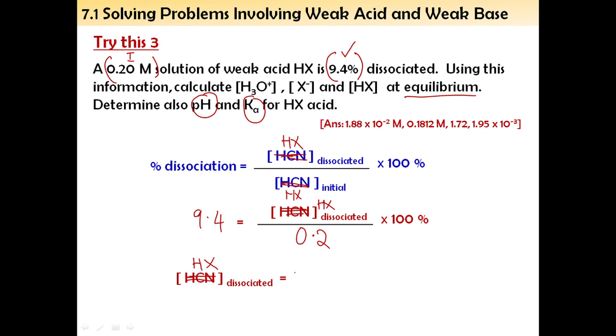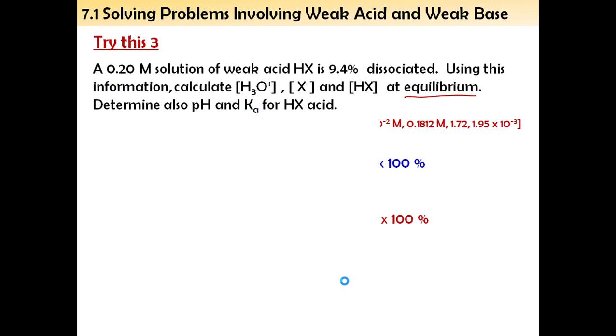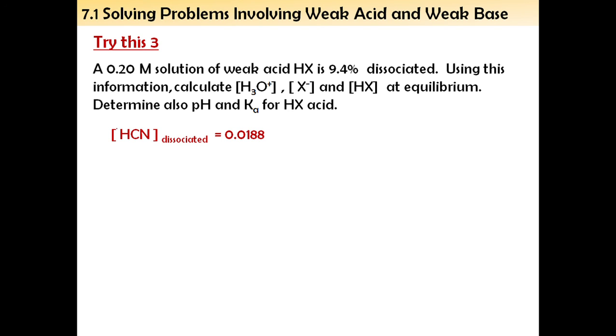So, supposedly for the HX dissociated, you akan dapat value 0.0188. Okay? Boleh? Jadi, apakah maksudnya value ini? So, saya tunjuk dekat sini. Okay, this is the concentration for dissociated yang kita dah dapat.